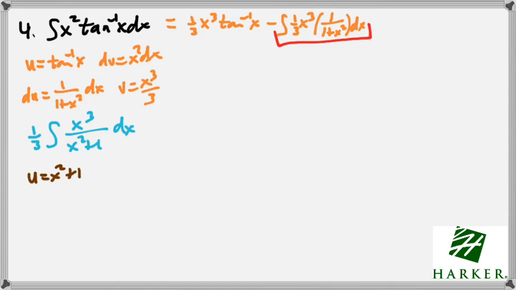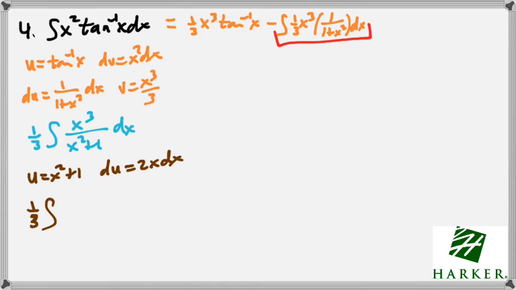Some of you also use my trick of adding 0. I wouldn't have thought of doing that, but it did work out nicely. But I guess I'll do it the way I would have expected you to. So du is equal to 2x dx. So I got 1/3 integral. Well, the x cubed I'm going to think of as x times x squared.